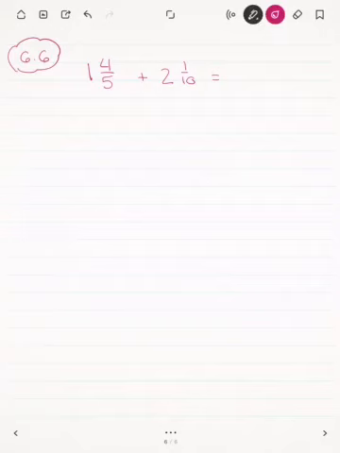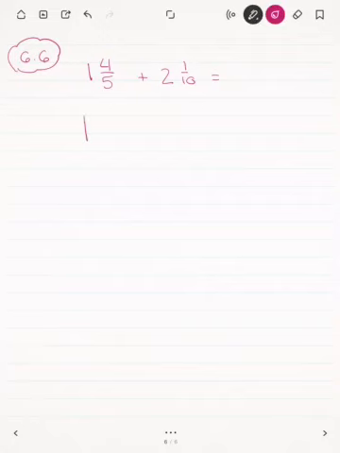So step 2 is finding that common denominator. Well, our second fraction is 1/10, and I know that 10 is a multiple of 5. So I'm going to make my first fraction, 4/5, have the denominator of 10.